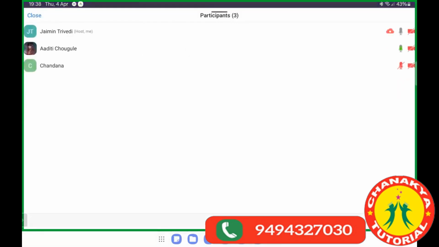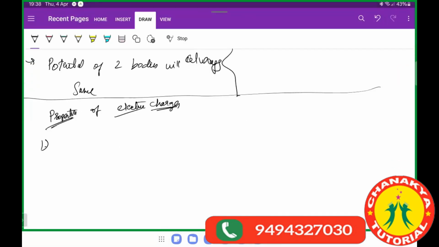First one is quantization of charge, where the charge is transferred or gained in whole numbers. Second, how they attract or repel? Like charges repel, unlike charges attract.